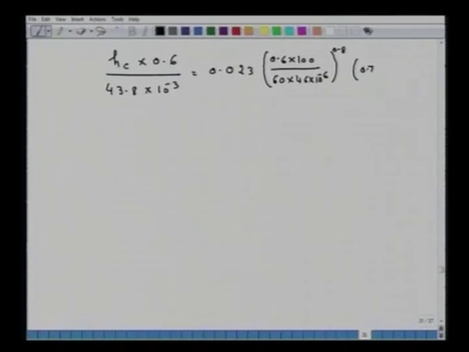So, 0.74 to the power 0.4. If I solve this equation, I will get Hc equal to 4.39 watt per meter square Kelvin.